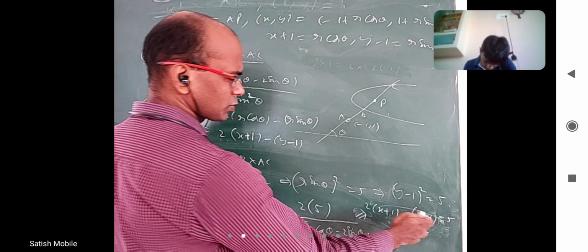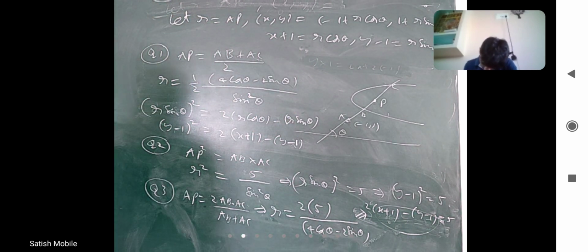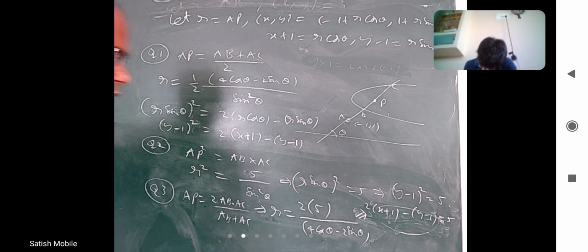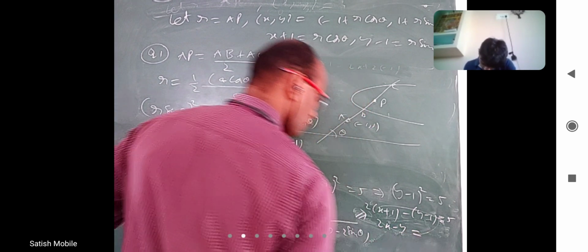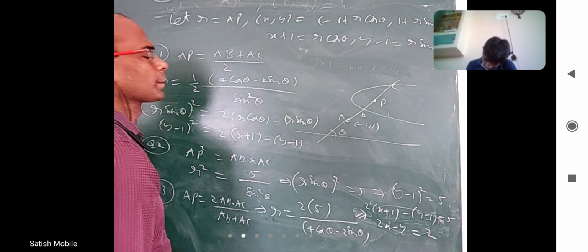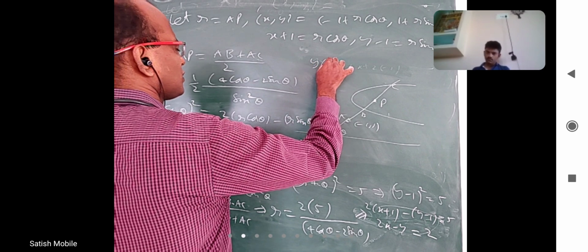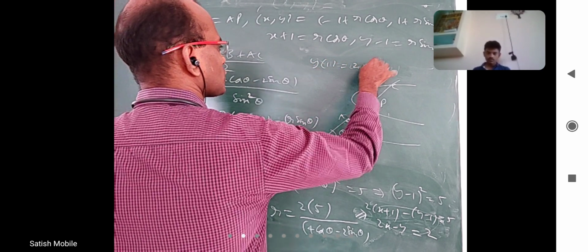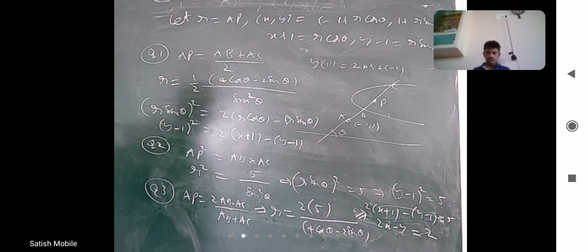I'll get plus 2 plus 1, 3. So I'm getting 2x minus y is equal to 5 minus 3, 2. Earlier I was getting y into 1 equals 2x plus 2 into minus 2, so 2x minus y minus 2. Yes, that's right. It's the polar.